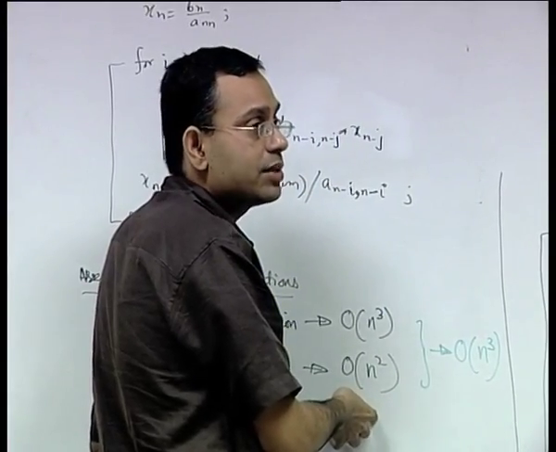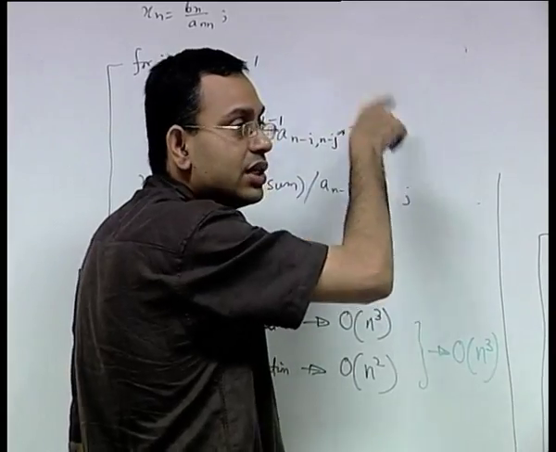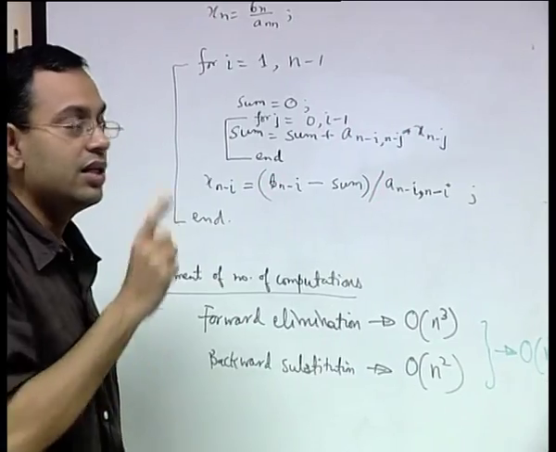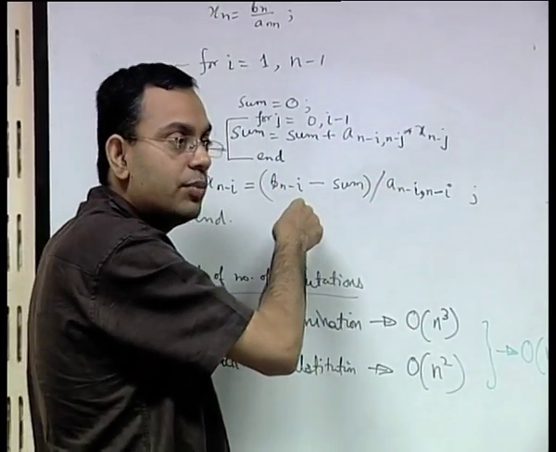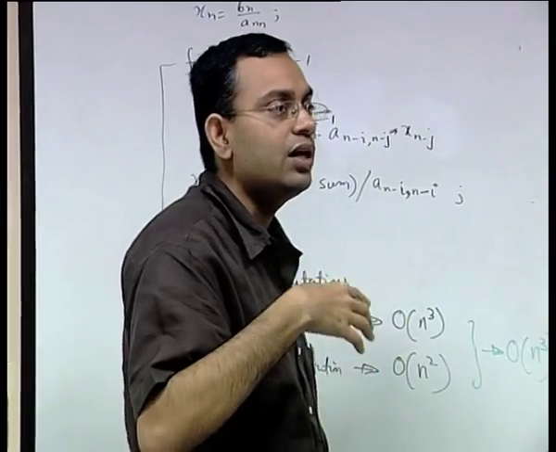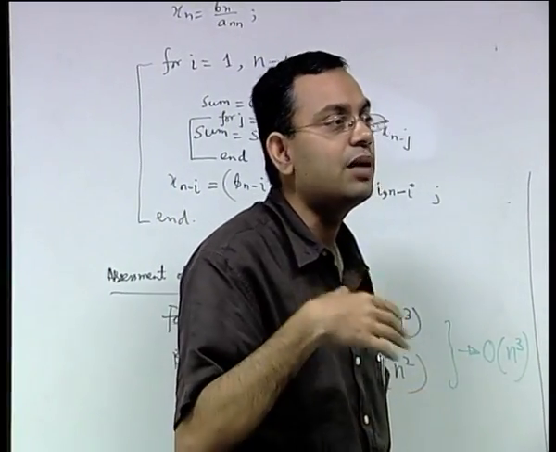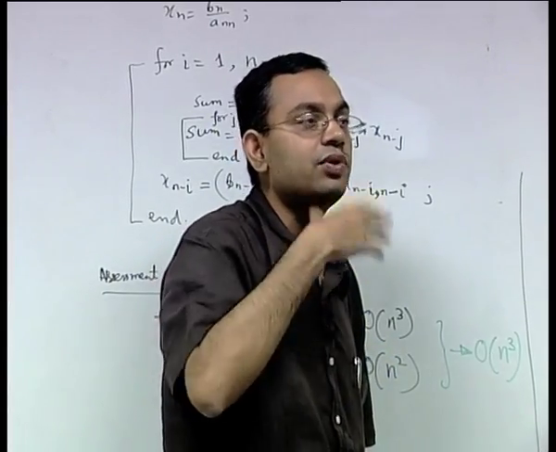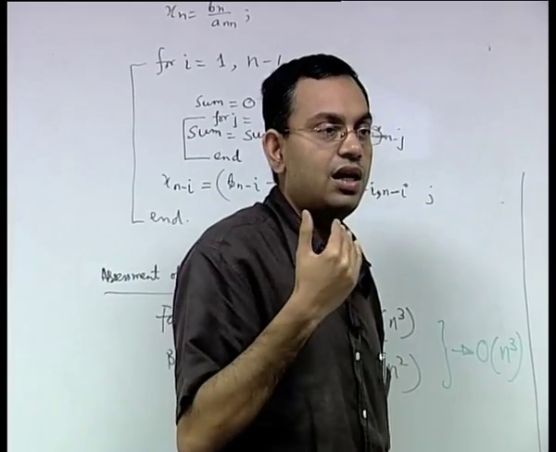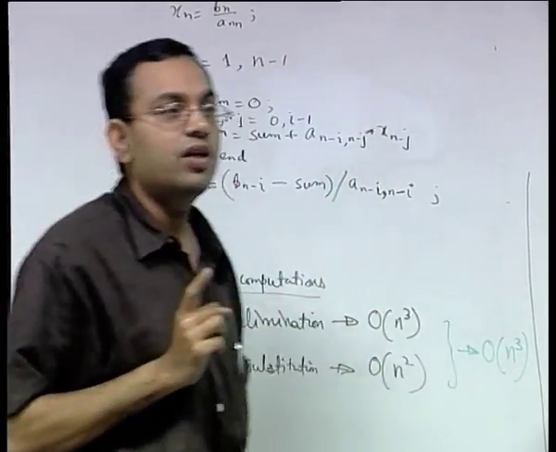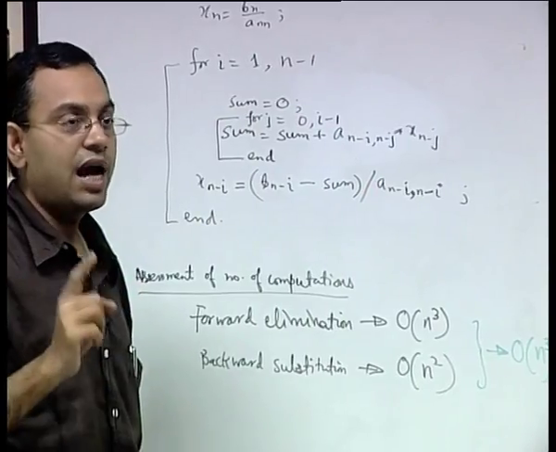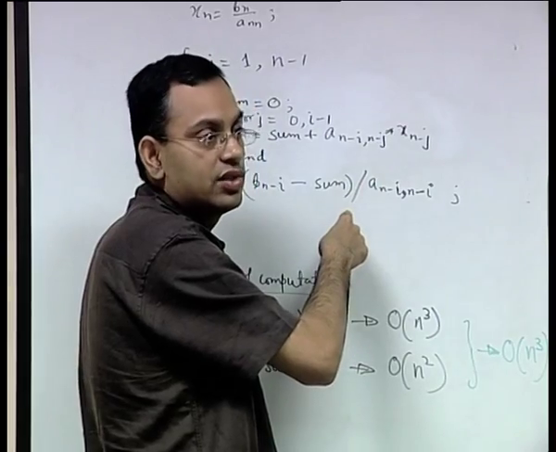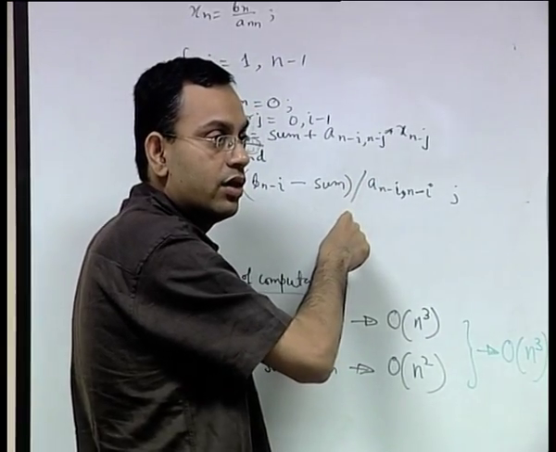And how was that possible? In the backward substitution you dealt with only triangular matrices, or in this example only upper triangular matrix, but if you are dealing with a lower triangular matrix it becomes the same thing, only your indices n minus I will be replaced with I, but it is the triangular nature of the matrix that is being handled that reduces your number of calculations here to the order of n square.